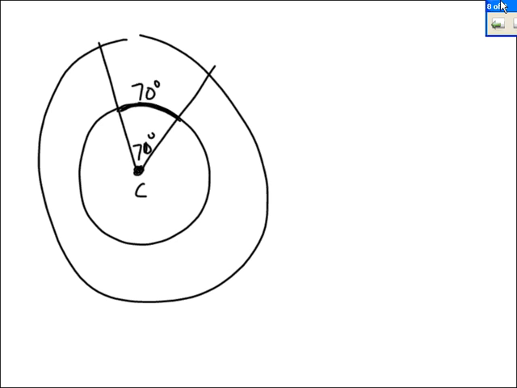Remember, that's the center for both circles. And this arc is also 70 degrees. But clearly, this arc is longer than this arc. But nonetheless, we still call it 70 degrees. So notice they don't have to be the same length. They just have to come from the same central angle. And we call them equal.